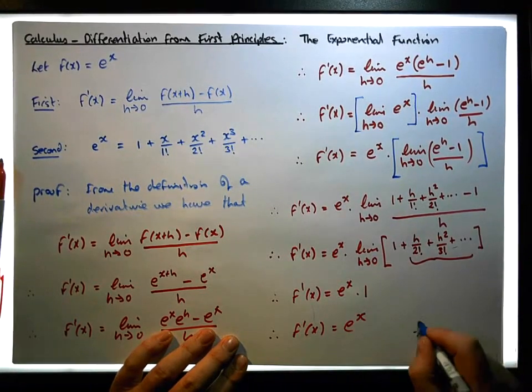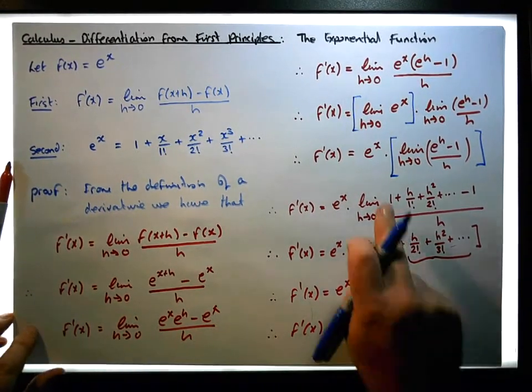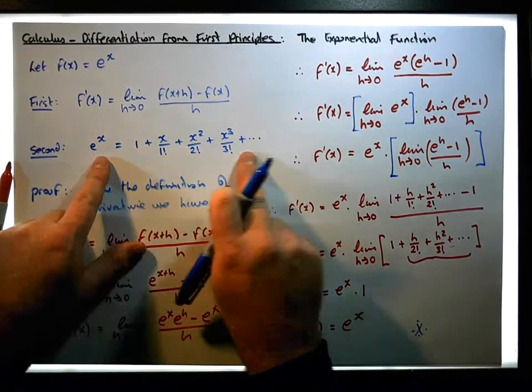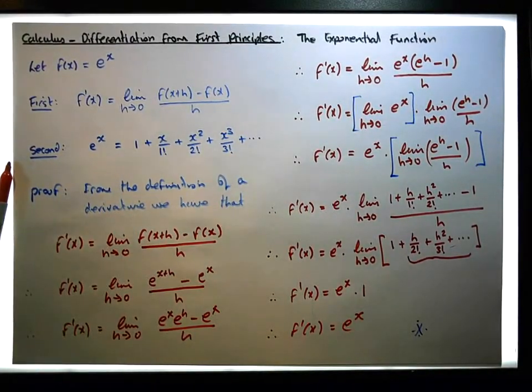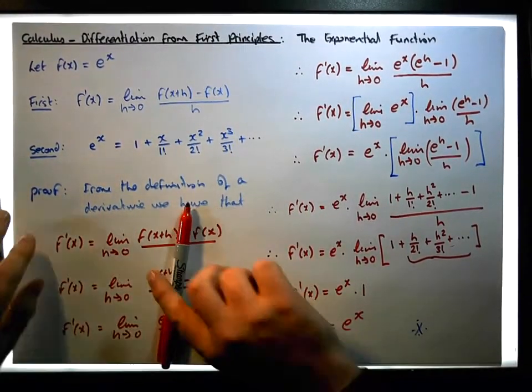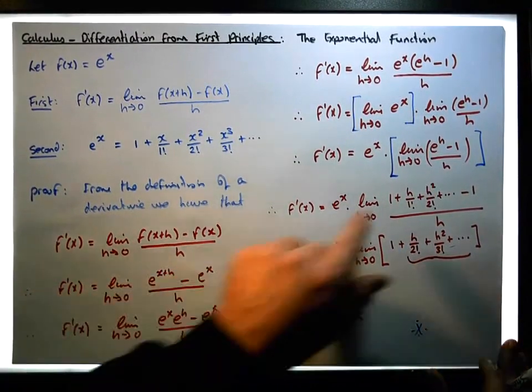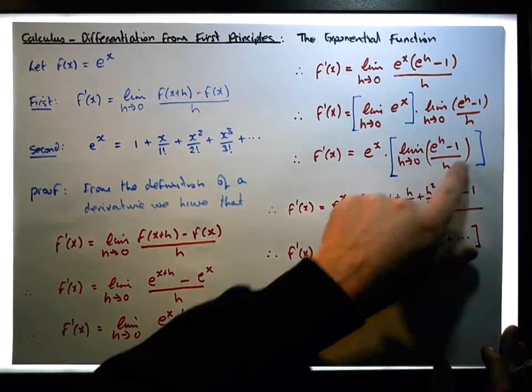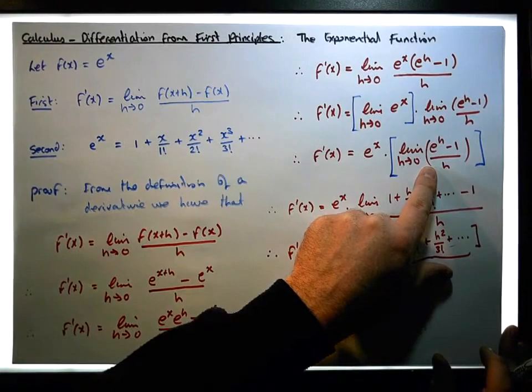This proof relies upon the Taylor expansion of e to the x. There is another proof that we could have. Effectively, what we're saying from this proof is that this particular limit tends to 1.